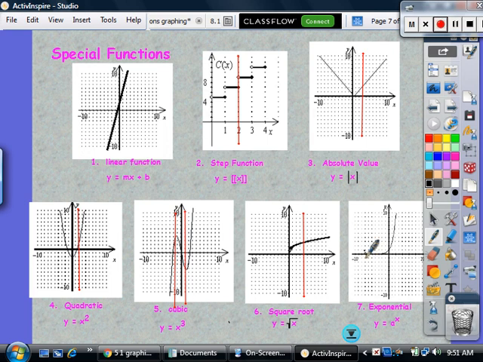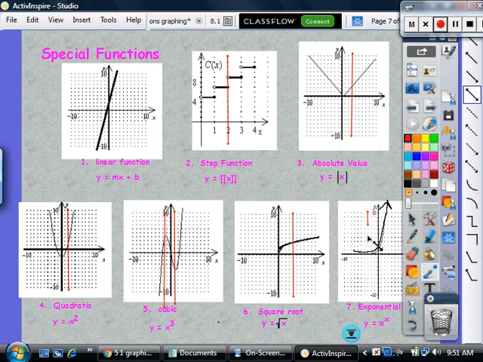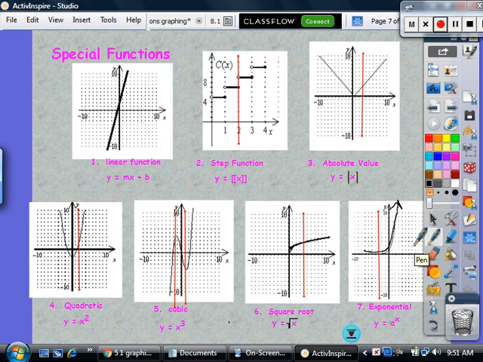Whoops. It's hard to do with this little stylus here. And then it goes to infinity. Now, it never does really just get horizontal here, because theoretically speaking, it gets closer and closer down here to the x-axis as you go. But anyway, it does pass the vertical line test, and it is an exponential function, an exponential graph.